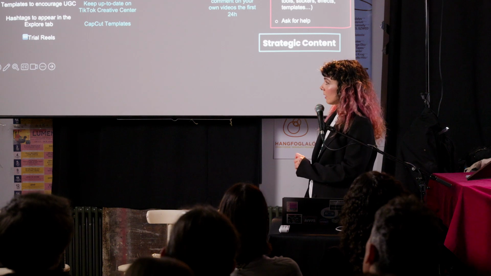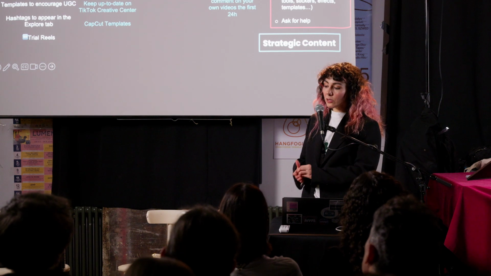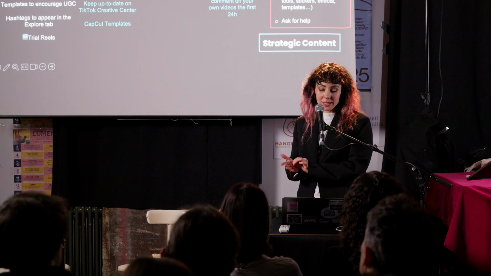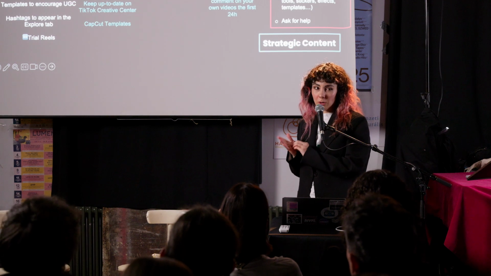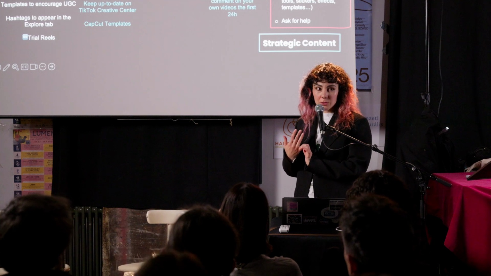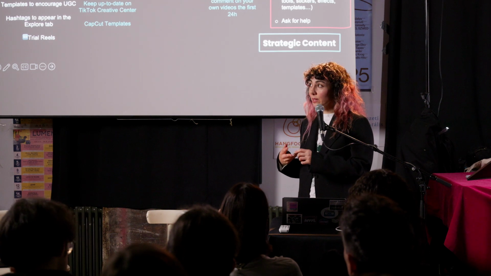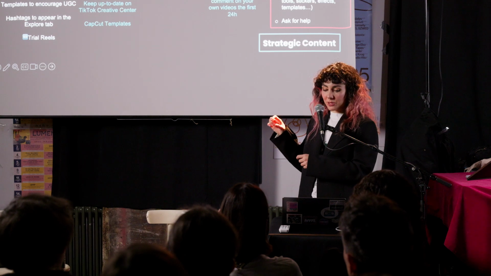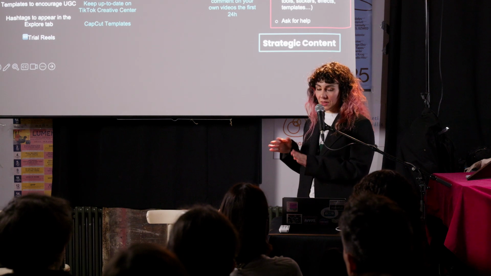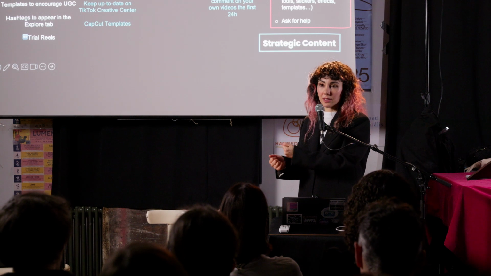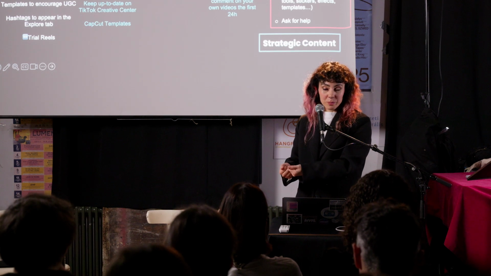Focus on SEO. TikTok's algorithm is able to read every single element in your video, which is the sound you're using, what you say in the video, the caption, hashtags you use, everything. And TikTok takes this information and uses it to show the content to people.